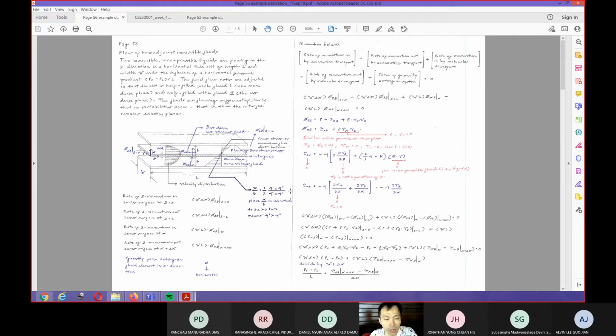transfer phenomena. If I recap again, in week 1 we introduced what transfer phenomena is about. Transfer phenomena is a combination of momentum transport, heat transport, and mass transport.